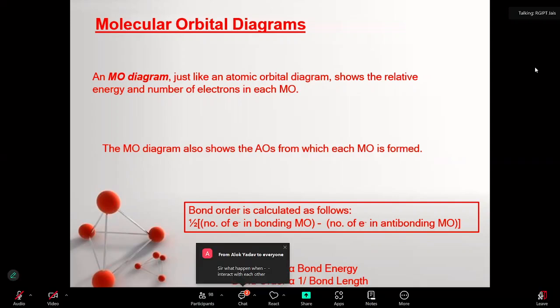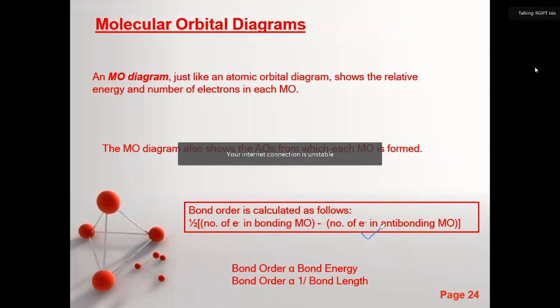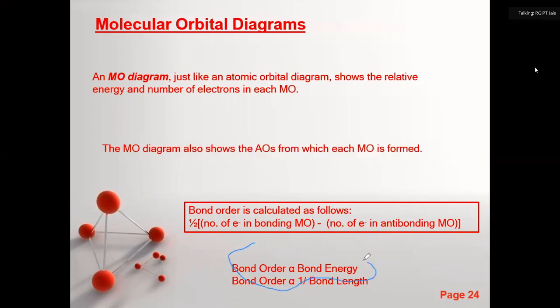Electrons are filled according to energy level, one by one, according to the Aufbau principle and Pauli exclusion principle. When we calculate the bond order, the formula is half of the number of bonding electrons minus the number of anti-bonding electrons.